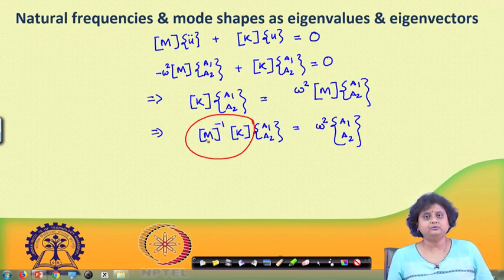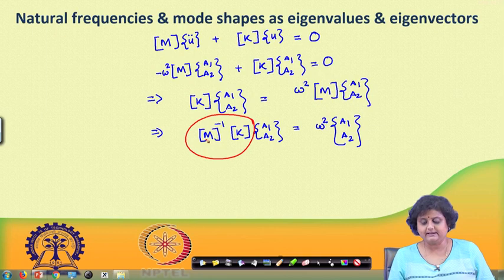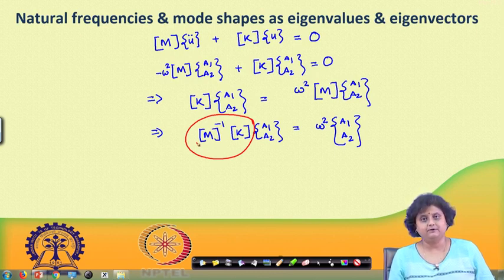For a large problem where the number of degrees of freedom is large, using the previous analytical method to find out the natural frequencies and mode shapes can be a bit tedious, and it can therefore be obtained numerically by obtaining this matrix M inverse K, where the squares of the natural frequencies are the eigenvalues and the mode shapes are the eigenvectors.